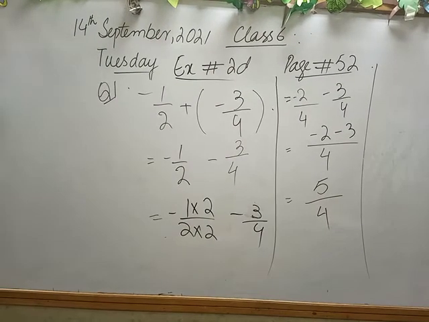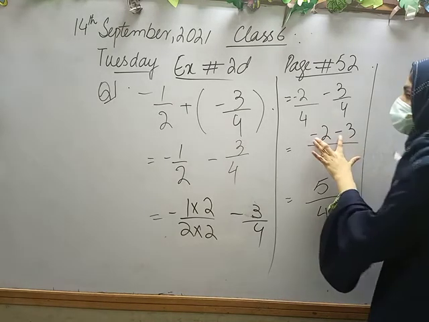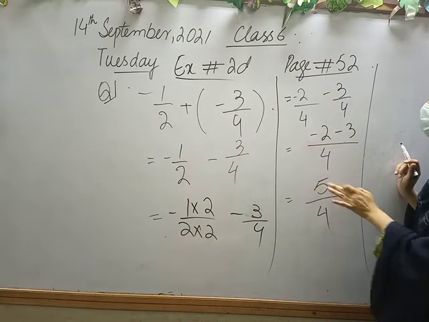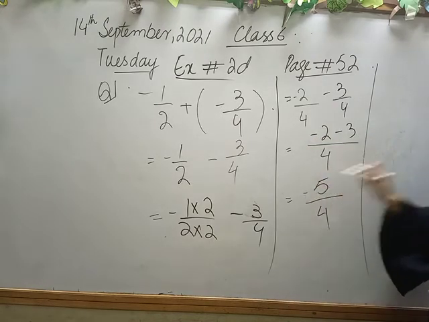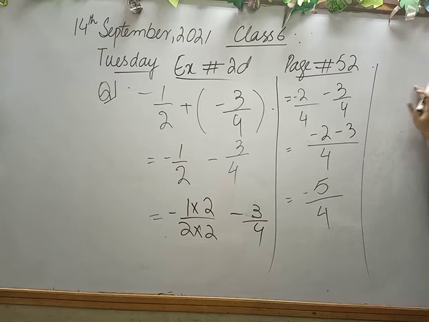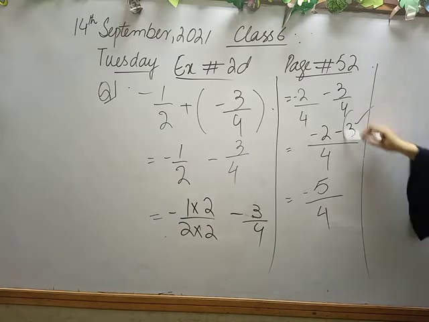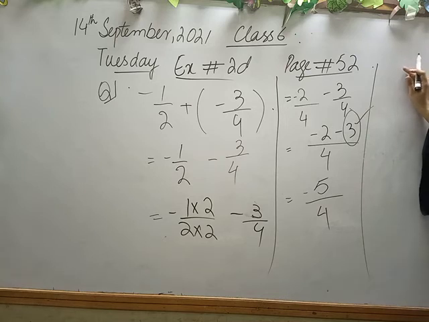So we have 5 by 4. Now class, if you look, we have two same signs, so we will add them and we will write negative in the end because of the greater value. Which was greater here? 3. I will write the sign with 3, which is minus.